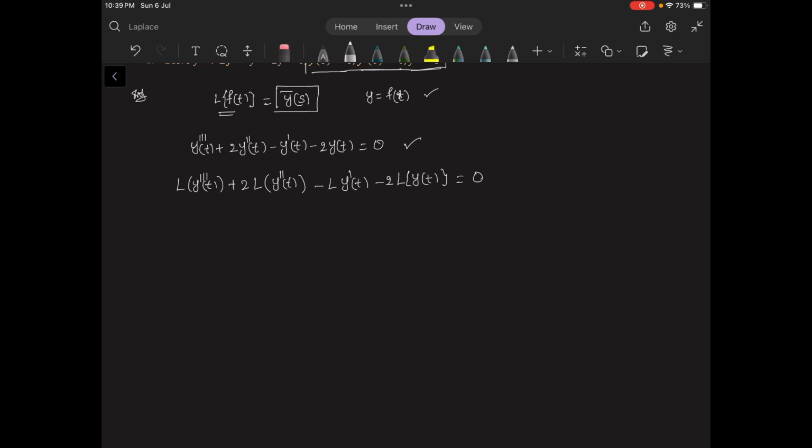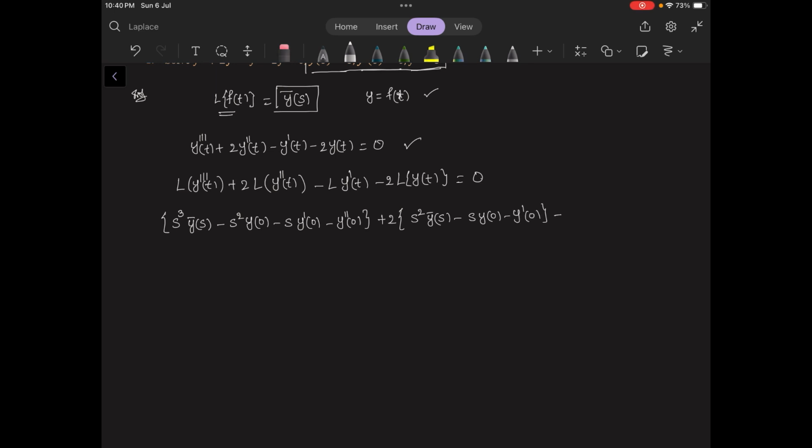It will start like this: s cube y bar of s, instead of L of f of t I am going to write y bar of s, minus s square y of 0 minus s into y dash of 0 minus y double dash of 0. So this is the formula for the first term. Plus 2 into, I am going to apply the formula for the second term, that means the second order derivative: s square y bar of s minus s into y of 0 minus y dash of 0.